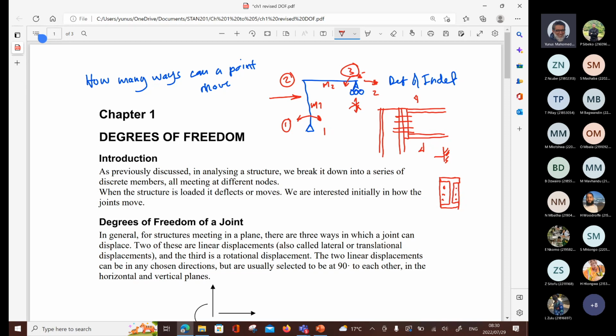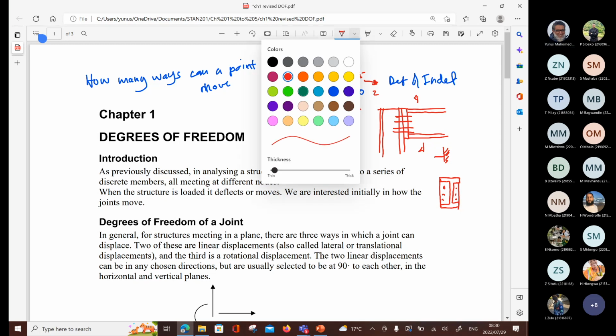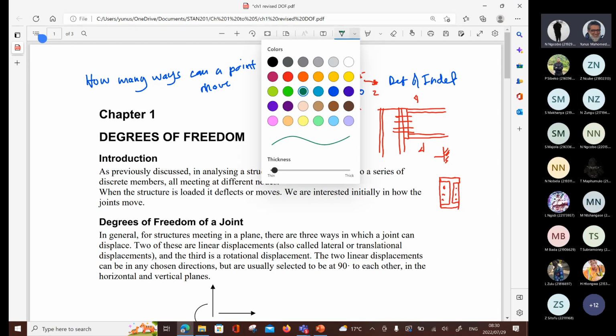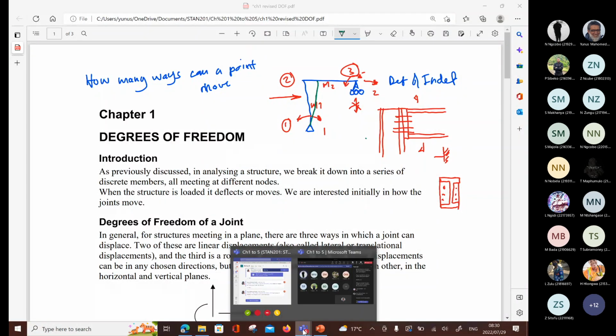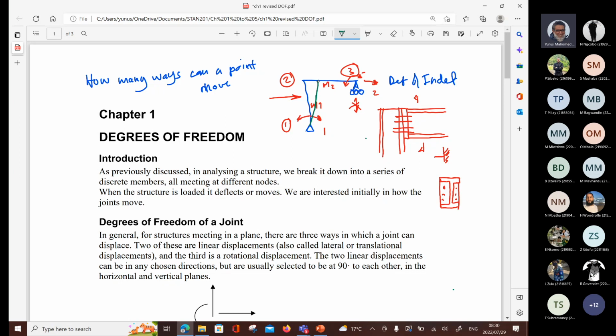Member 1, so let me just put the movement in green. Member 1 is going to move to that position, and then member 2 obviously is going to push out and go that way. So you're going to have a displacement here, which we agreed on already. There's a displacement. So you follow what I'm saying, right?